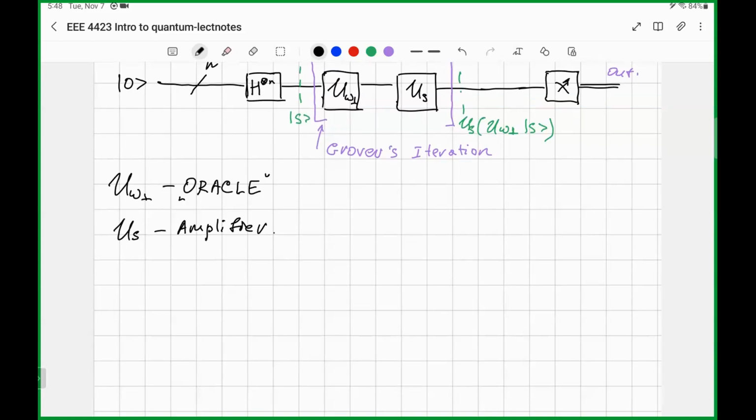And one particular oracle we will discuss today when we describe an example of a 2-qubit circuit, which is trivial but still a nice example. All right, so oracle and amplifier.